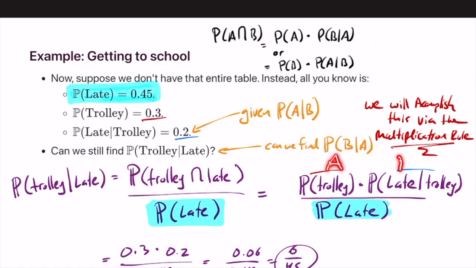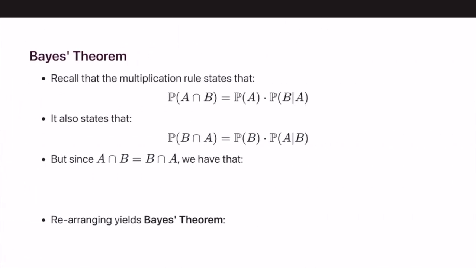A and B, and B and A, which we got from A and B. The reason why we wouldn't want to do the other one, well, we'll see that in the next example. So let's move on before this gets too much on the slide.